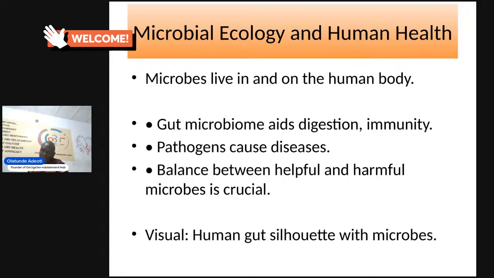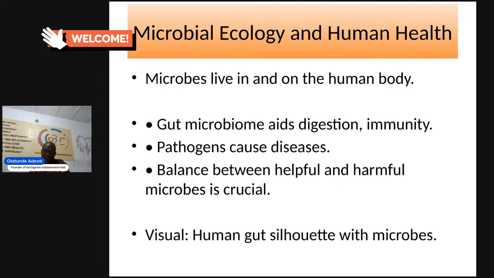Then microbial ecology and human health. Microorganisms live in, and some of them also live on, the human body. Those that live inside the human body are found in the gut because they aid digestion, as well as helping us fight against certain infections. That tells us they are also very important in immunity.